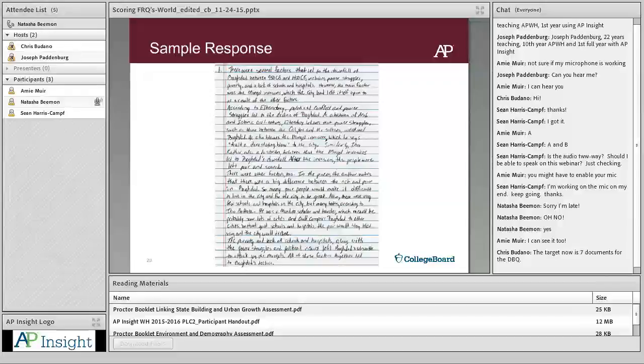Anybody else? Now I'm confused between C and E. Okay, C, all you have to do is use the documents for evidence about the event in question. Right. Okay. E, you actually have to support your thesis with evidence from the document.